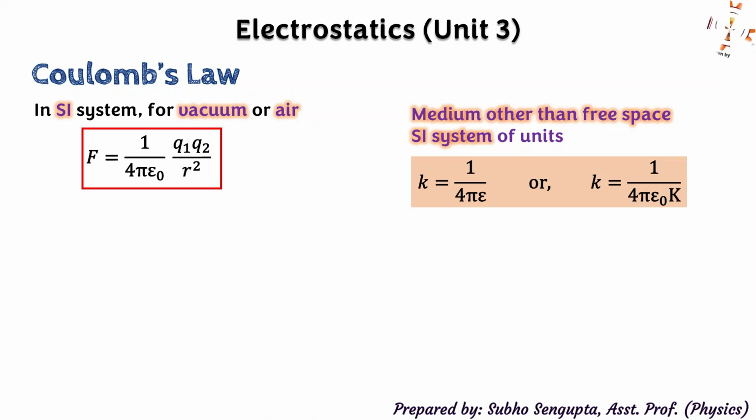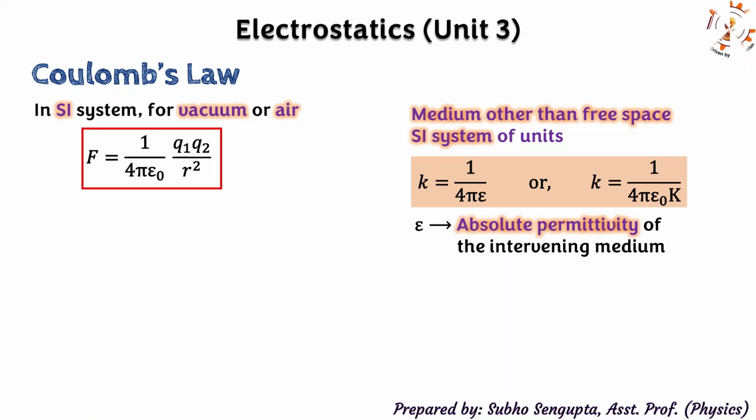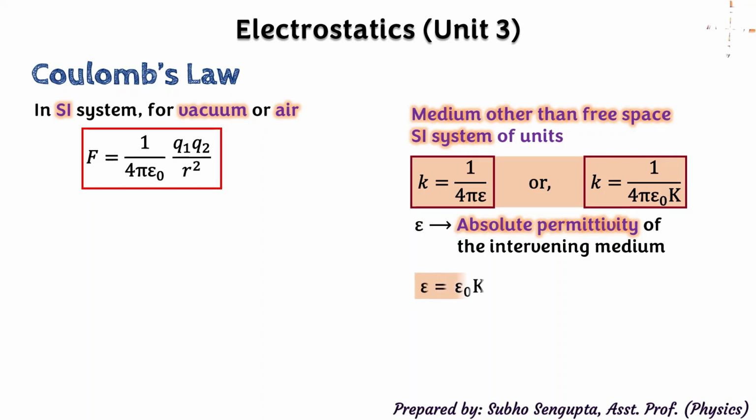The term epsilon is known as the absolute permittivity of the intervening medium. Remember, absolute permittivity of vacuum or air is a minimum, and its value is equal to the value of epsilon 0. Now, if we compare the two expressions of Coulomb constant, we get the following relation: epsilon is equal to epsilon 0 times uppercase K. So, the uppercase K denotes the ratio epsilon upon epsilon 0.